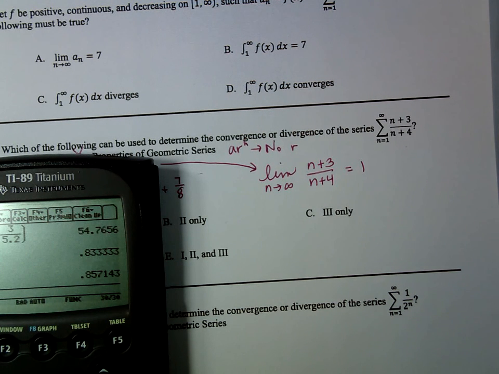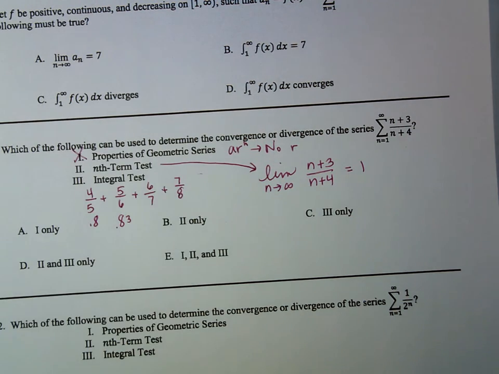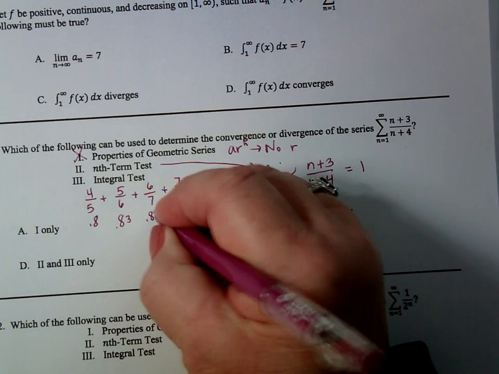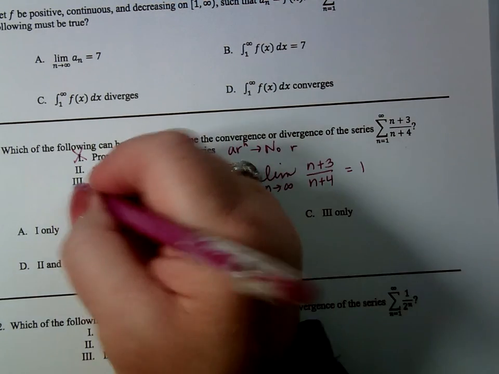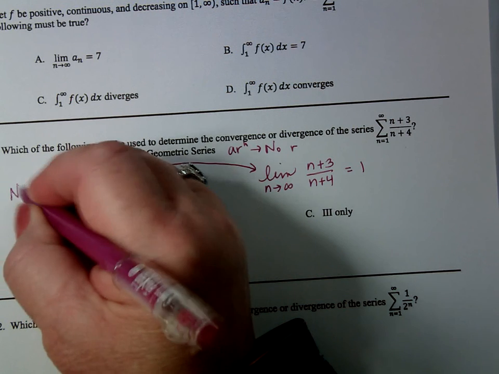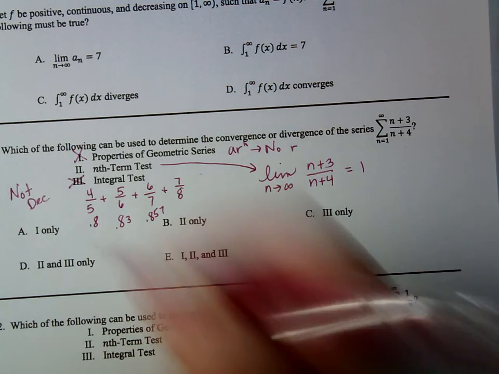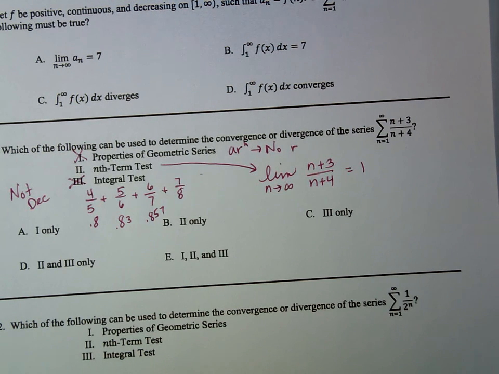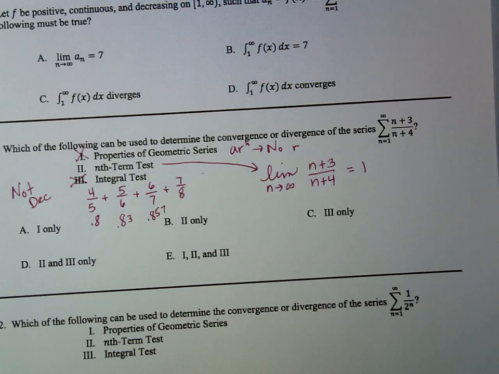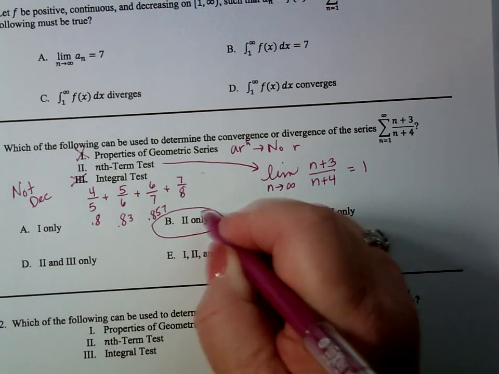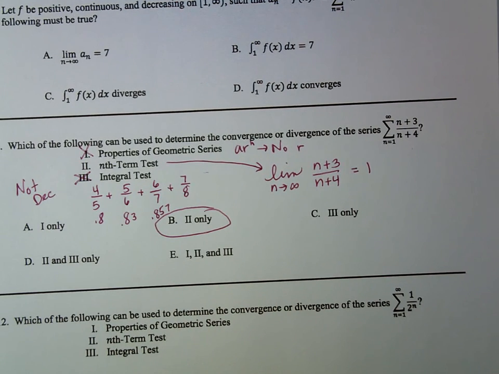So what's happening with these guys? They're getting bigger. They're not decreasing. So this guy's a no. It's not decreasing. So which one could be used for finding convergence or divergence? The only one that fits is number 2. So just kind of a good reminder of some of the other tests we've learned so far.